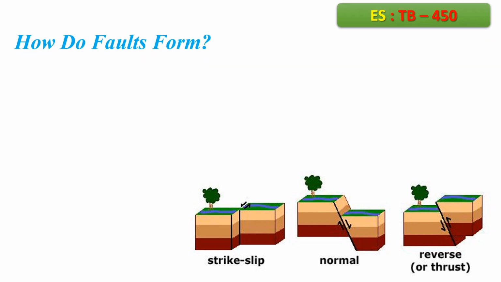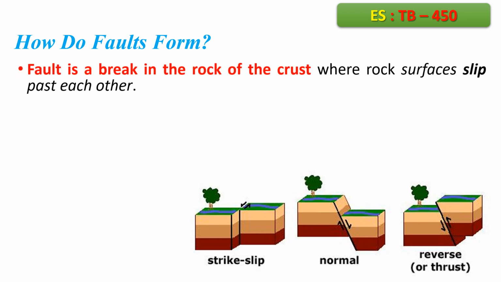Now it's time to check our second objective. How do faults form? What are the different types of faults? A fault is a break in the rock of the crust where rock surfaces slip past each other.